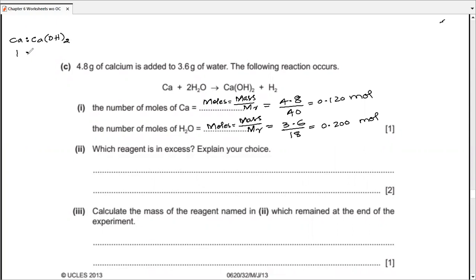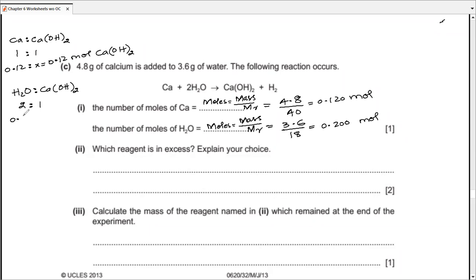You took it as 1:1 and your answer to 0.12 was of course X, which would be equal to 0.12 mole. Now this produces 0.12 mole of Ca(OH)2 as a product if we consider this one. The other one would be H2O ratio to Ca(OH)2 as a product, and that would be 2:1 from the balanced chemical equation.